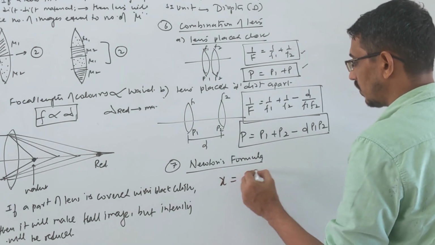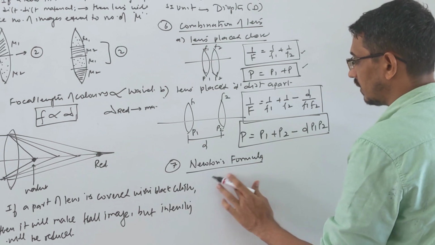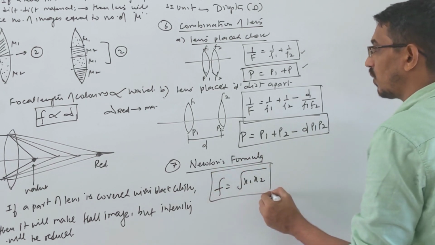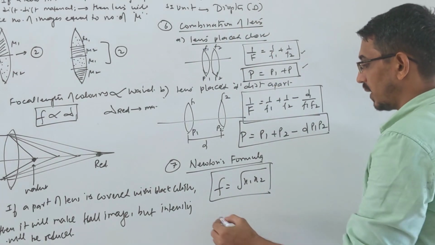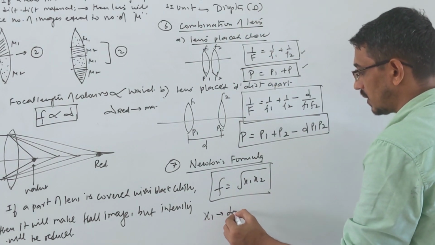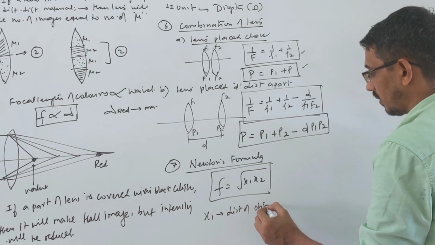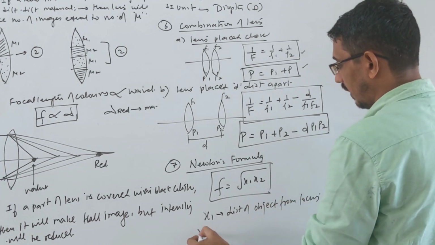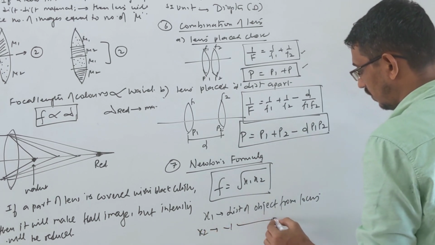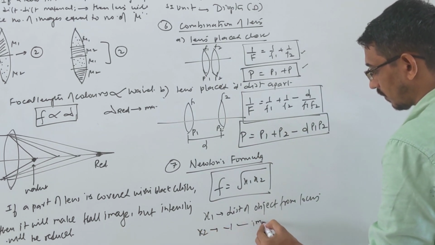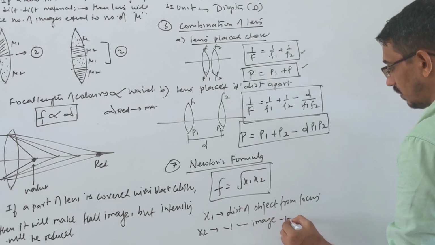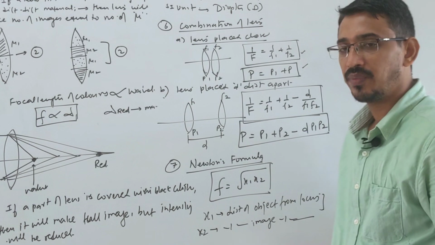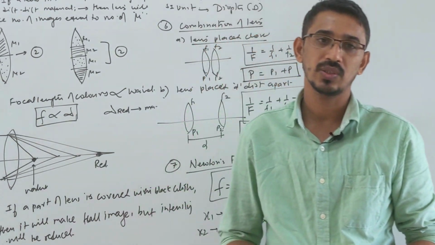Same way, focal length f is given by the root of x1 x2. Exactly the same formula we wrote for mirror also. Here x1 is called the distance of the object from the focus, and x2 is the distance of the image from the focus. Clear? Yes. So this is also called Newton's formula. We write it for lenses also, we write it for mirror also.